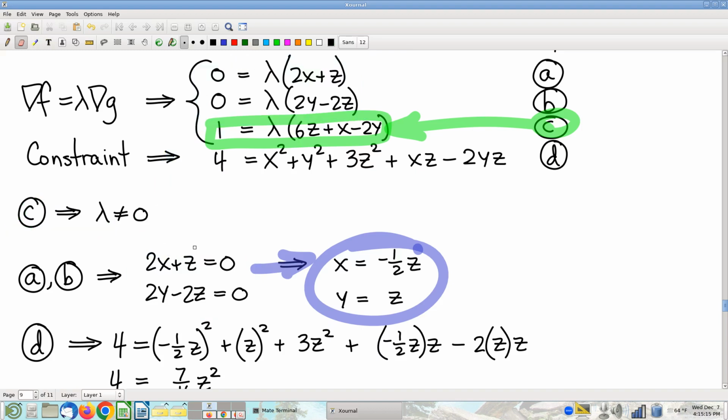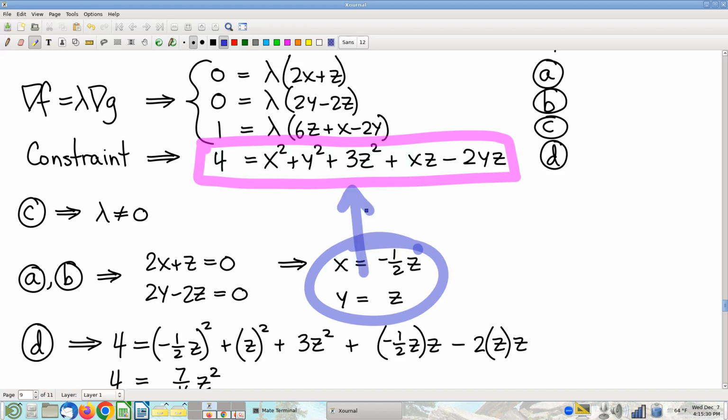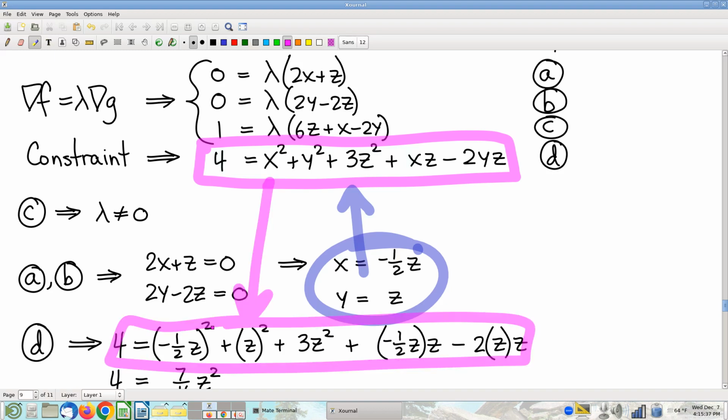Okay. Now, once you have this, you can take this equation that involves 3 variables, and you can use these formulas to eliminate the x and eliminate the y, and write everything in terms of z. That turns into this. Remember, x is negative 1/2 z, so that is negative 1/2 z, etc. for the other terms.